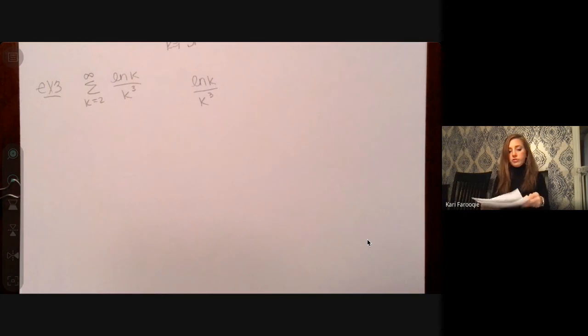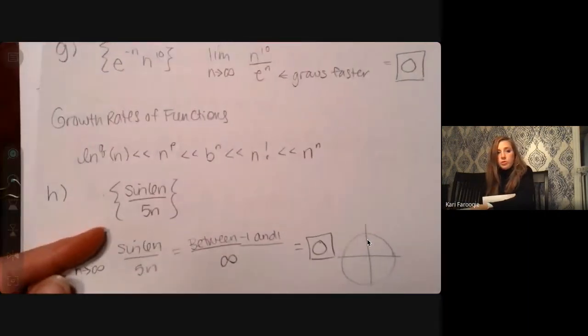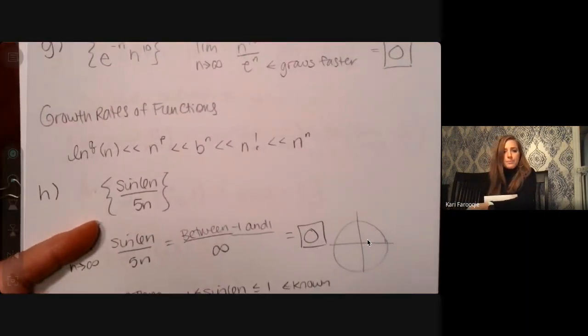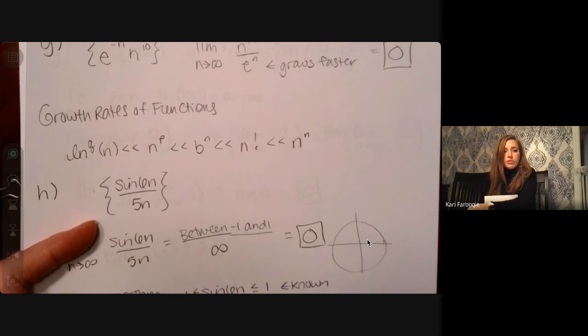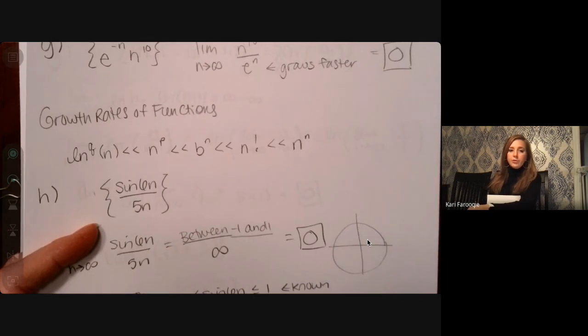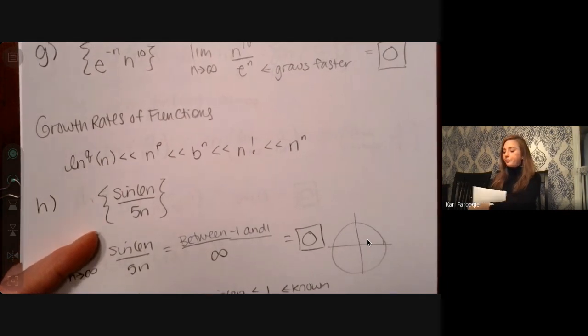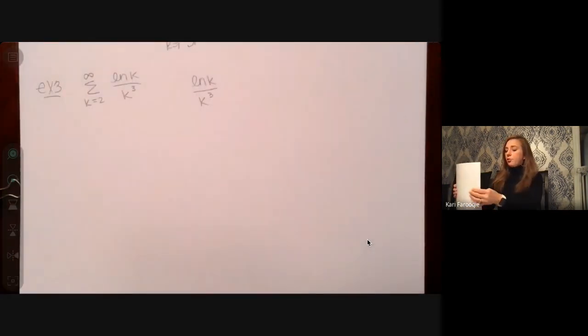Growth rates of functions. I did it in 8.1. The natural log function grows very, very, very slowly. Now, n to the p grows a little bit faster. So we're going to use that idea here to show that our series converges.